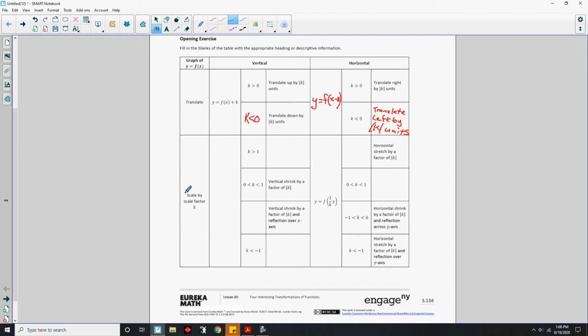Okay. Scale factor. Scale by scale factor k. Well, the equation would be y equals some constant times f of x. When k is greater than 1, it's going to be a vertical stretch by a factor of the absolute value of k.